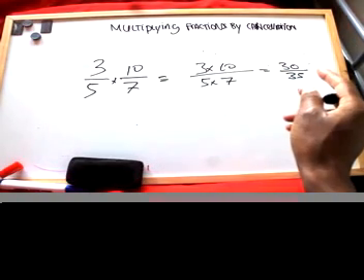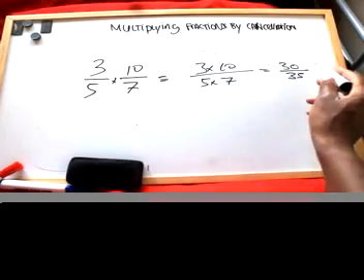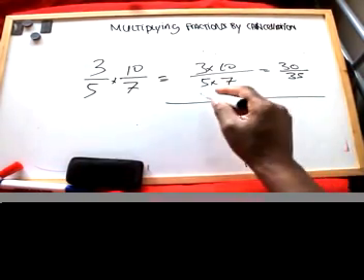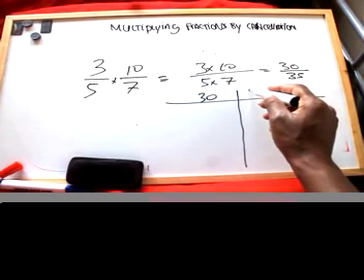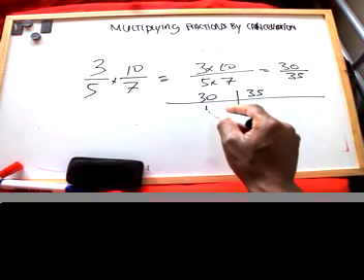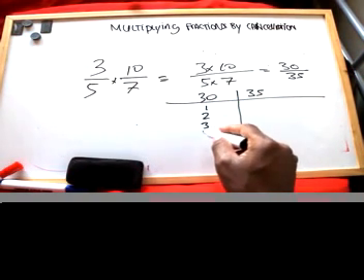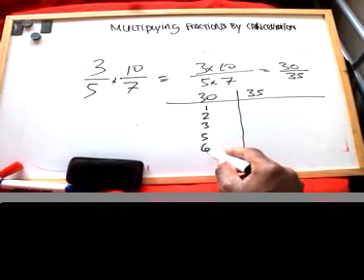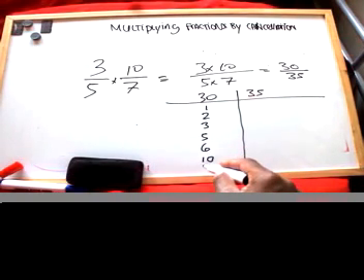Now when you need to simplify that, because these numbers are so big, you would have to write a really long list of factors to find which one is the highest. So you'd have to do 1, 2, 3, 5. This is the factors of 30. 6, 10, and 30.